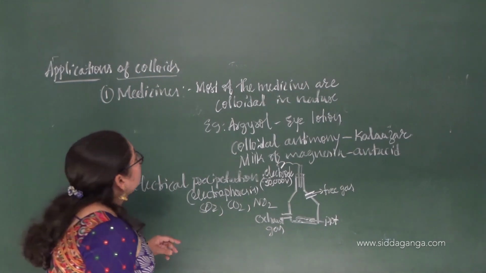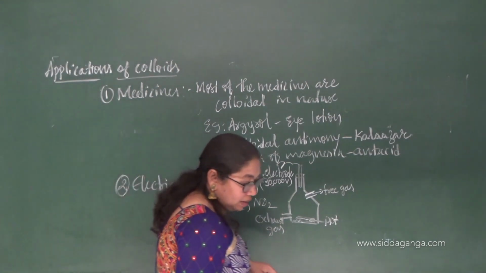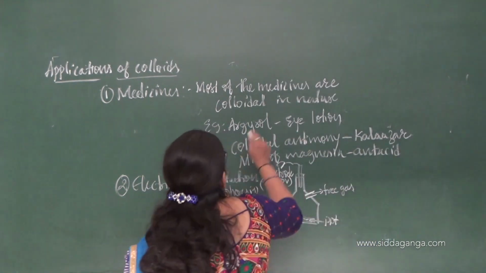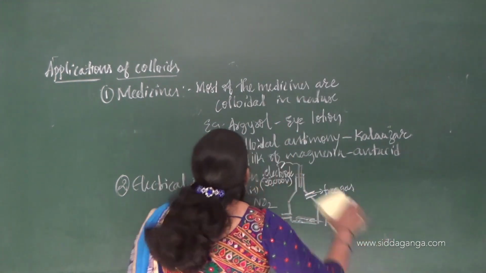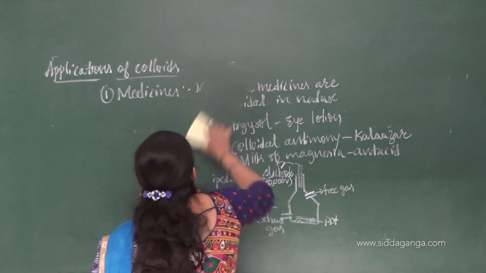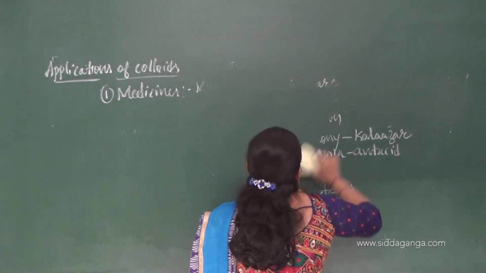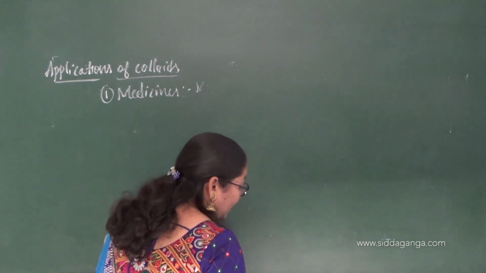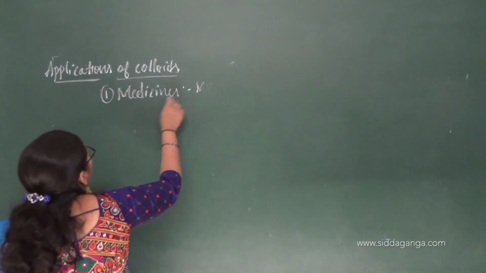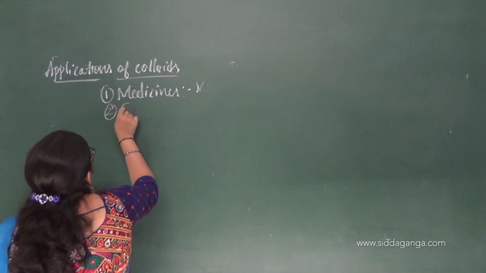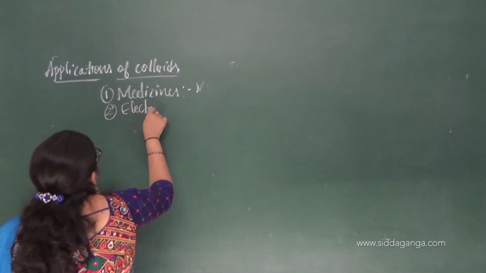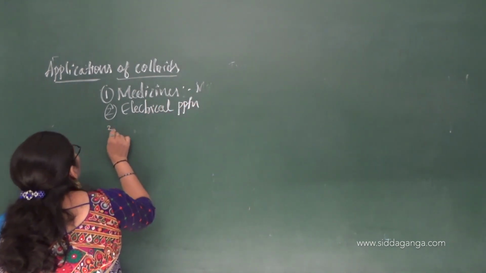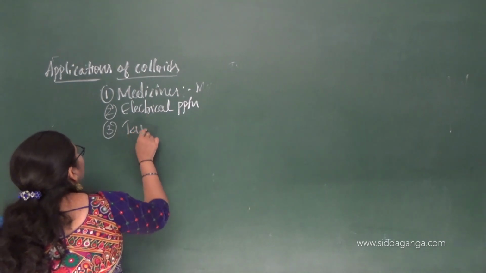Likewise you have one more, that is the tanning of leather. If I write here, tanning of leather. So the second one I wrote down is electrical precipitation, and the third one is the tanning of leather.